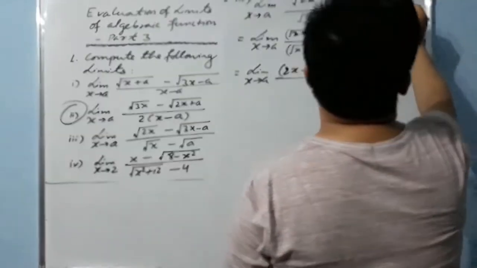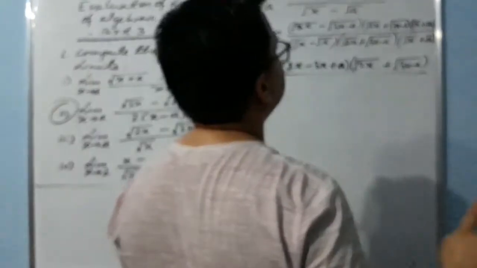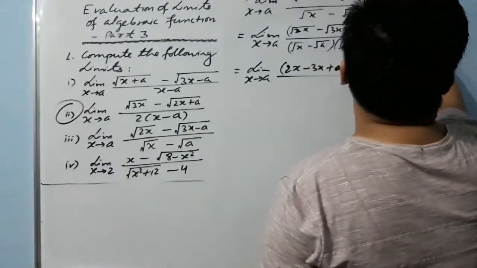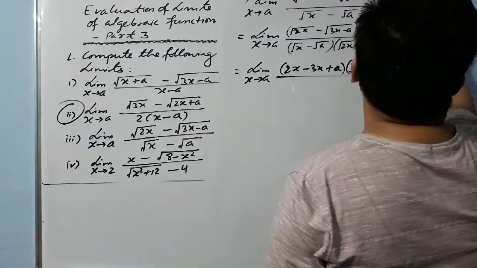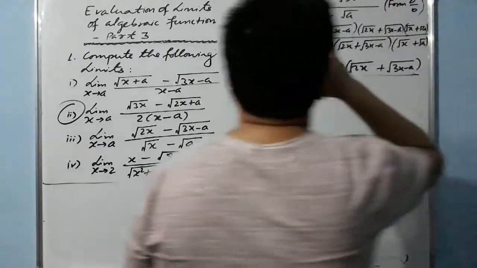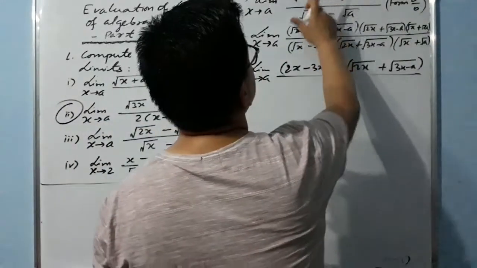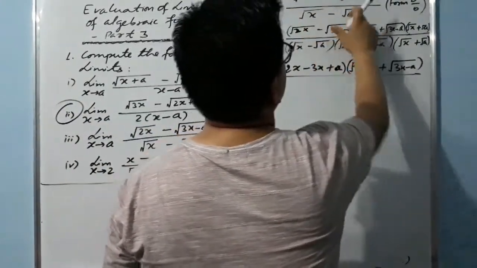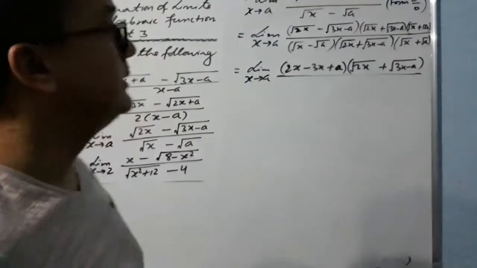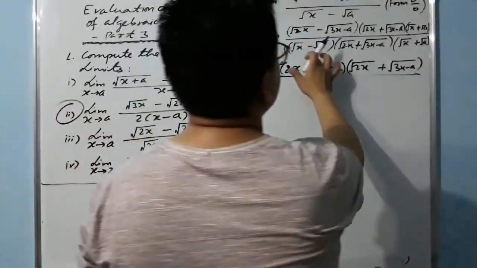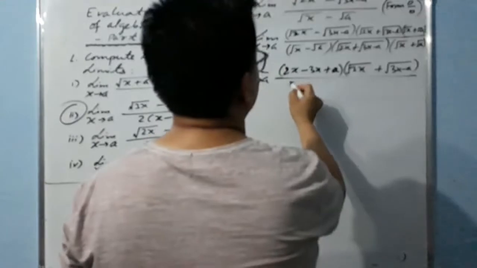Let me tell you, the indeterminate form is 0 upon 0. I think there's no need to explain why I have written 0 upon 0: when you substitute a here, you're going to get 0 upon 0. Okay, let's simplify the denominator.